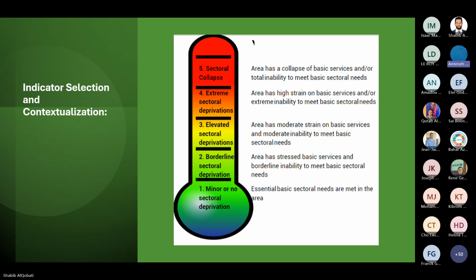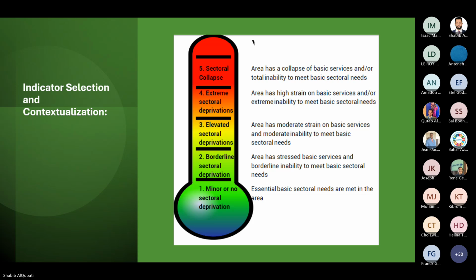So taking the example of the IDPs, the IDP number that I mentioned earlier, if the number of IDPs is to an extent that will result in a complete collapse of services in a particular admin unit, this is more likely severity 5.